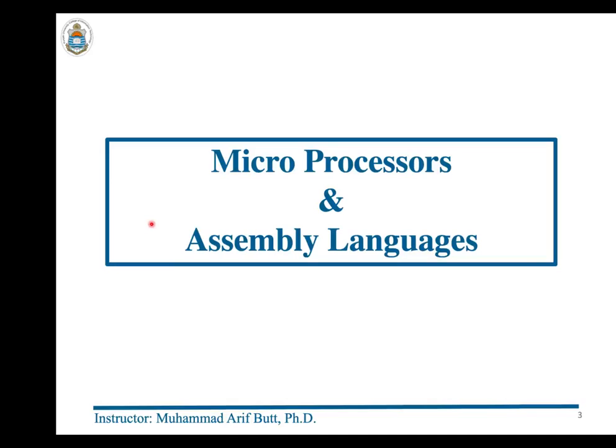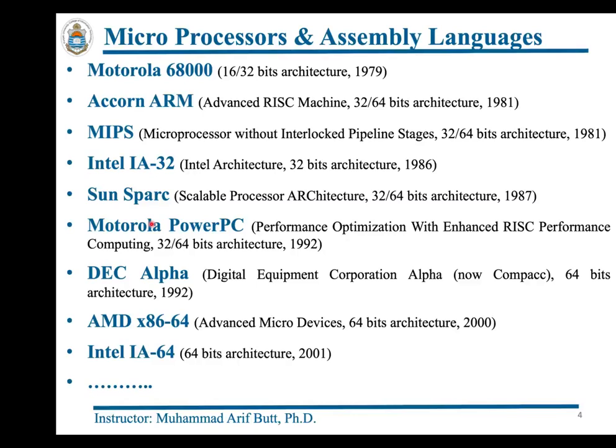Okay, so let's start with microprocessors and assembly languages. Well, this slide shows a list of some important microprocessors like Motorola 68000, which is a 16 or maybe 32-bit architecture launched in 1979.